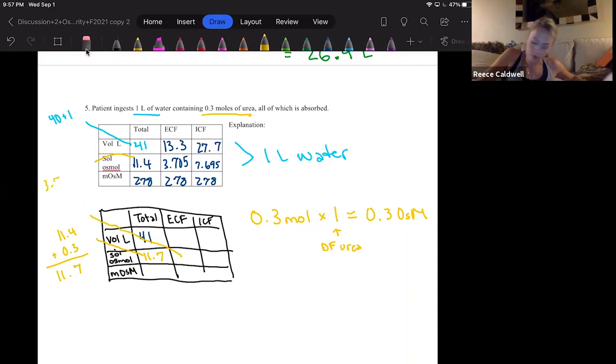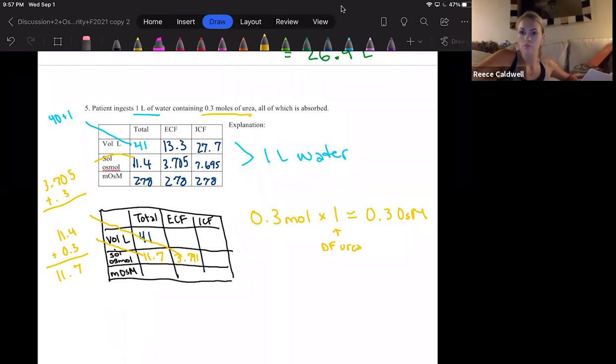We'll take that 3.705 and add that 0.3, and that's going to give us 3.791. Hang on.